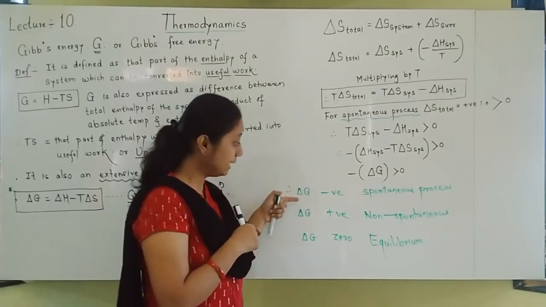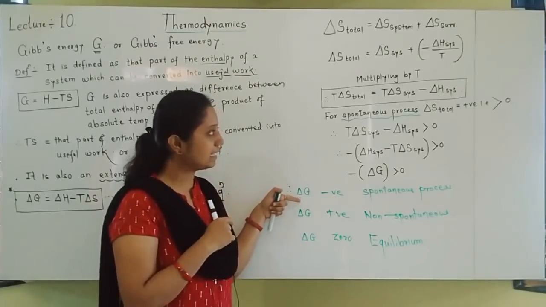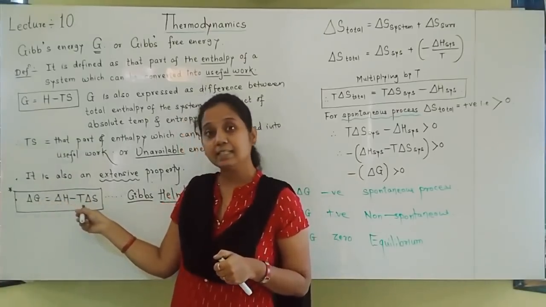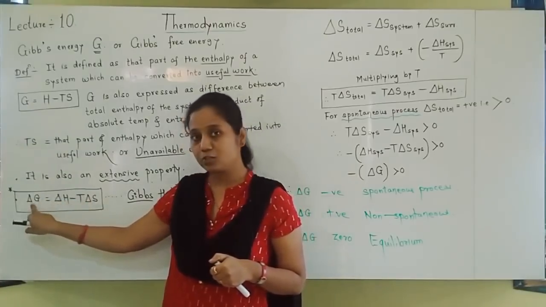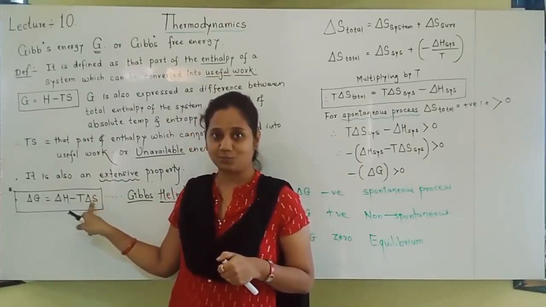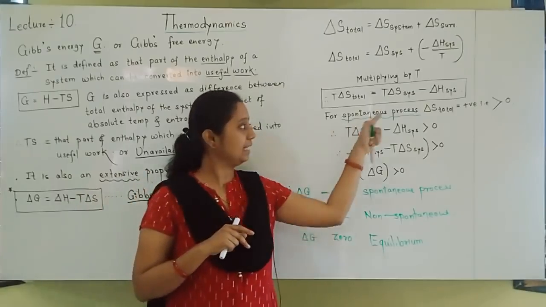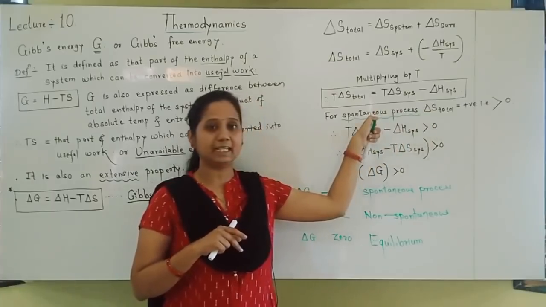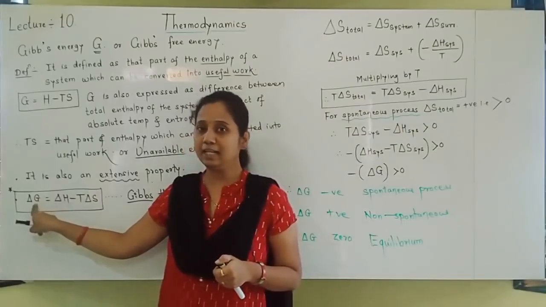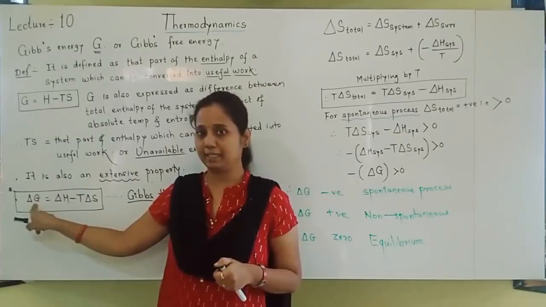That's why delta G is preferred, because what is delta G's equation, students? See here, delta G is equal to delta H minus T delta S. In the equation of delta G itself, you can see delta S also. So rather than using the delta S term for spontaneity prediction alone, delta G is nowadays used for prediction of spontaneity.